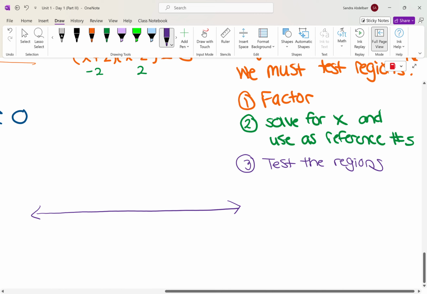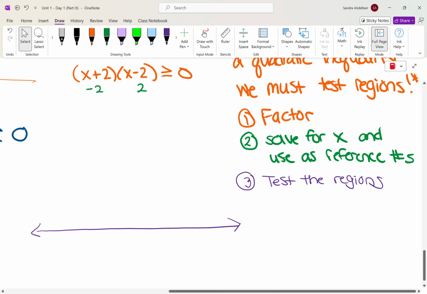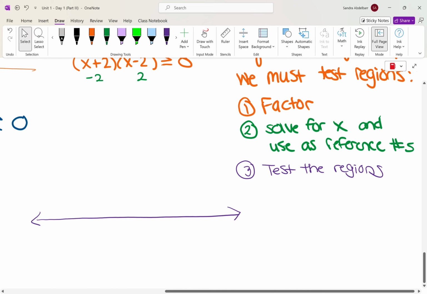So the way we test the regions is we make a number line, and we go back to our reference numbers, and I pick the smallest reference number. Which one is the smaller reference number, -2 or +2? -2, right? -2 is the smaller reference number.